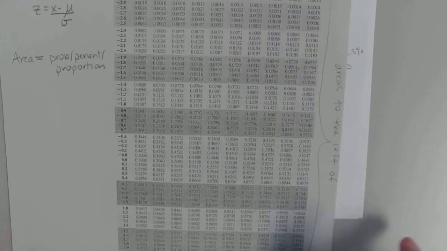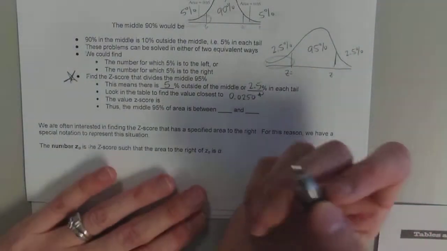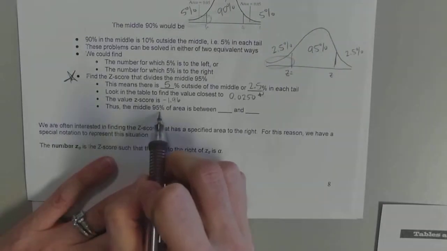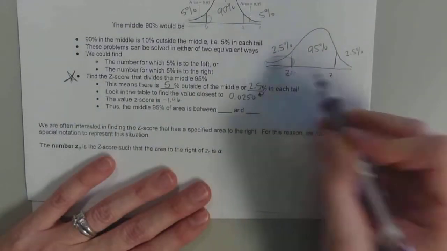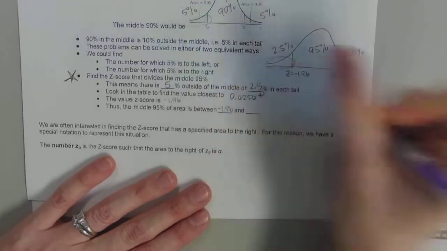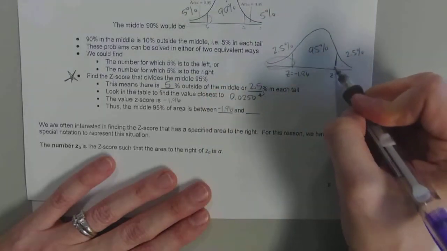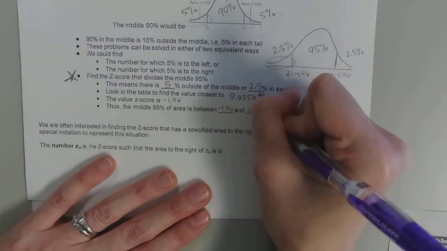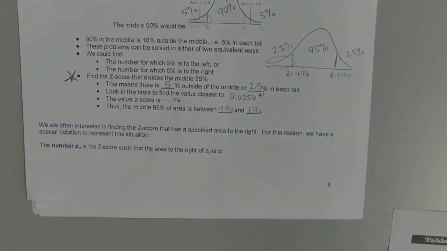It's -1.96. So the value of the z-score is -1.96. So what does that mean for the middle 95%? Well, the lower one will be -1.96. But what will this guy be? +1.96.